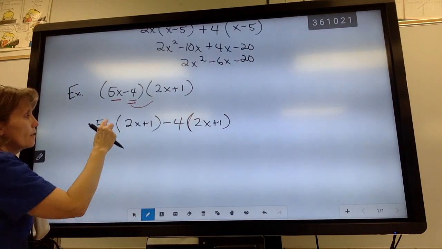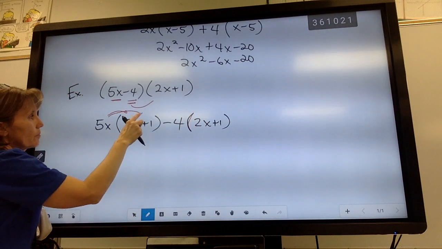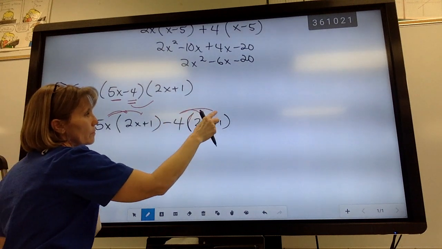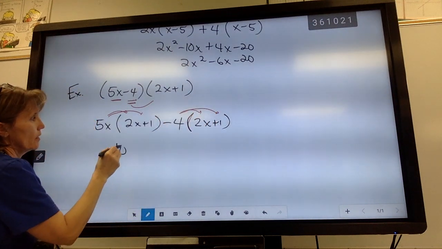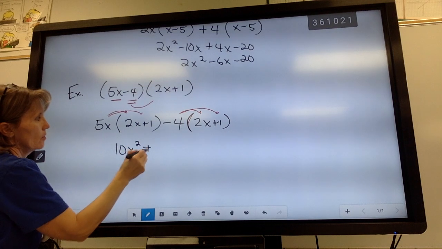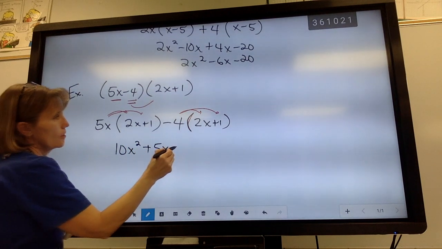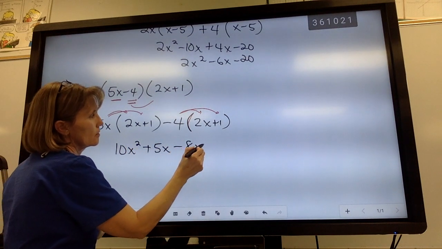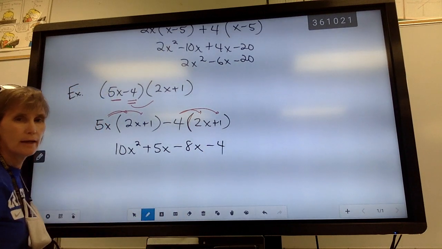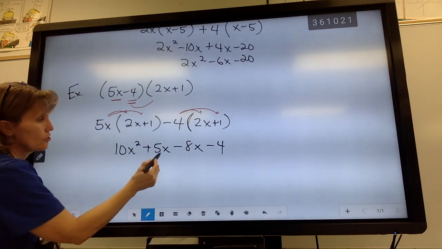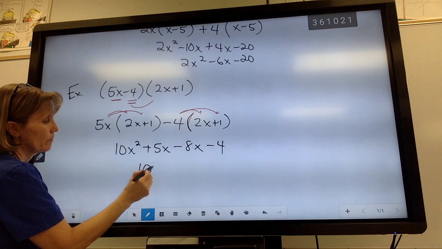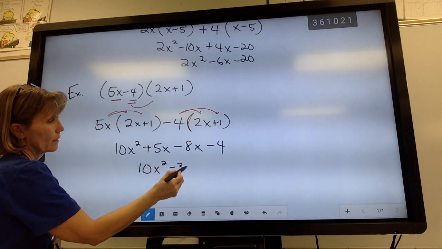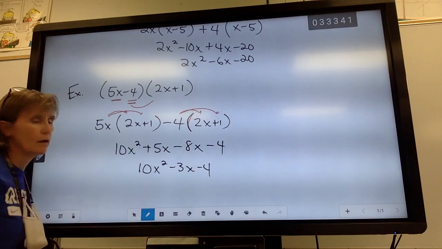Now I have to distribute both of these. So I would get 10x squared plus 5x minus 8x minus 4. And I look for like terms. These two middle terms are like each other. And that's my final answer.